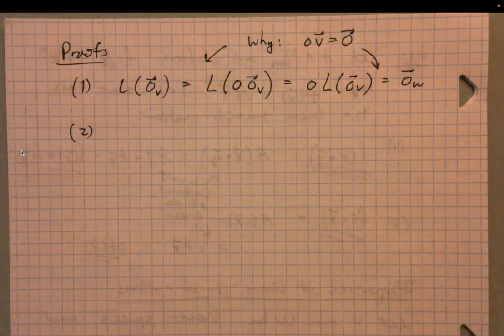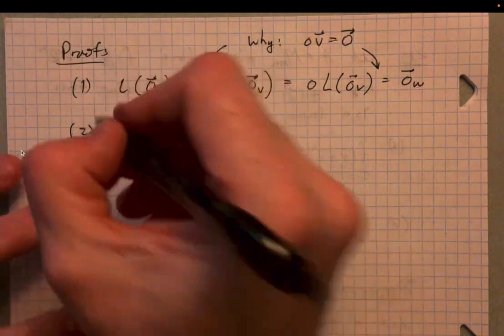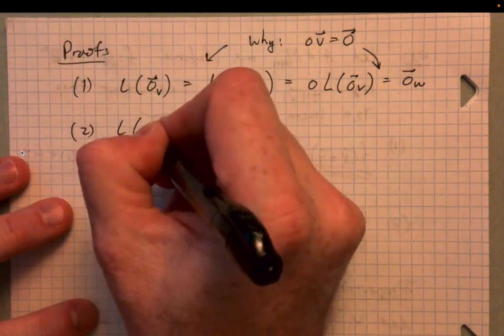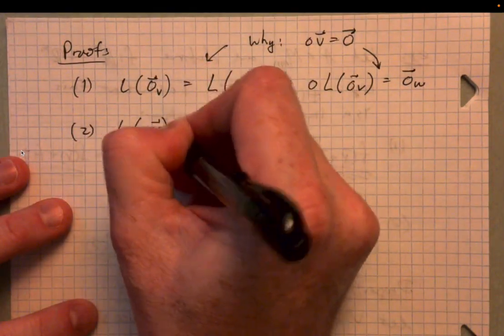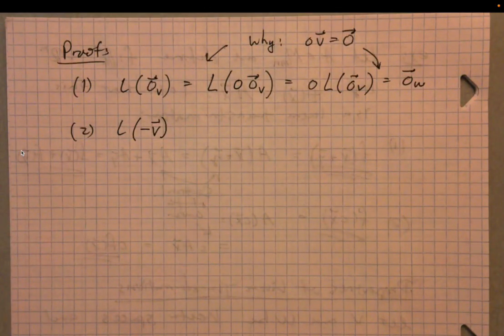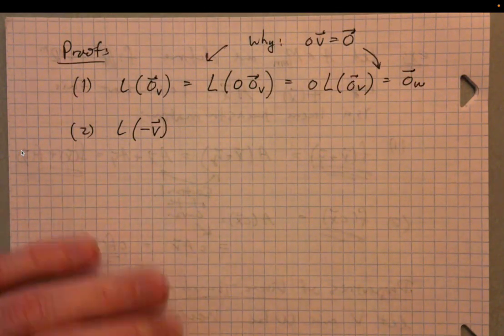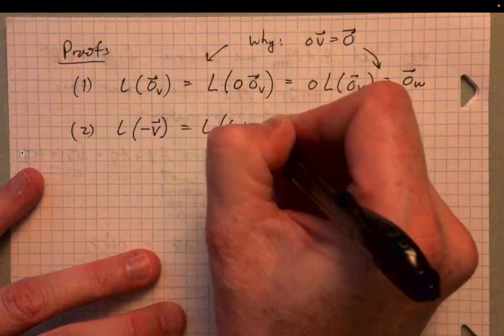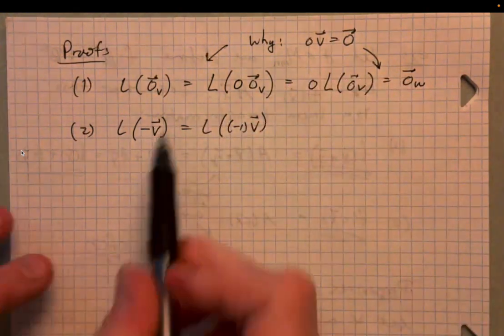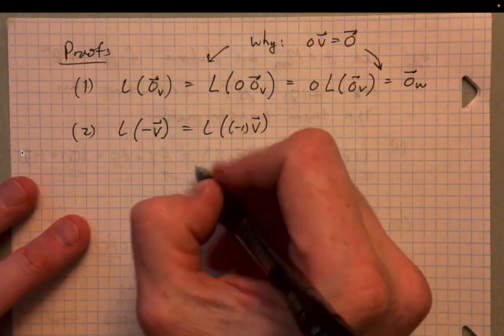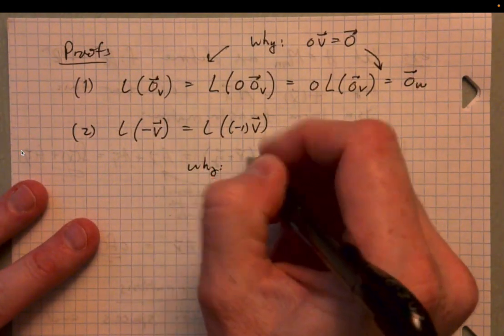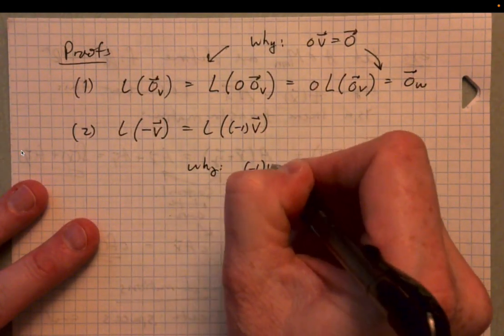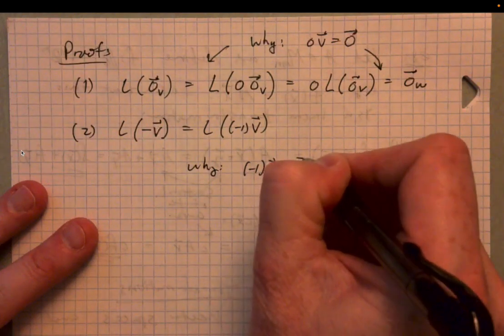The second one, here we start with a linear transformation of negative v, where v is a vector in the vector space. And so this is equal to L of negative 1 times v, right? And we saw this in a previous theorem. Basically, we said negative 1 times the vector is equal to the negative of the vector.